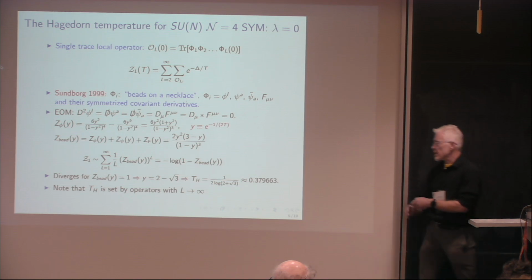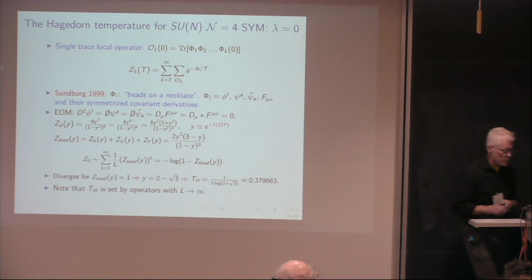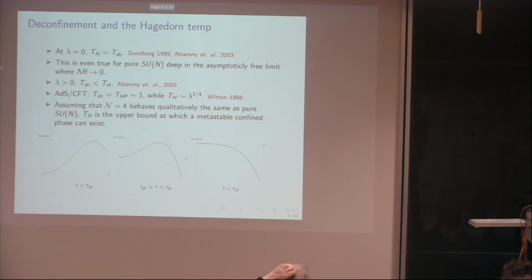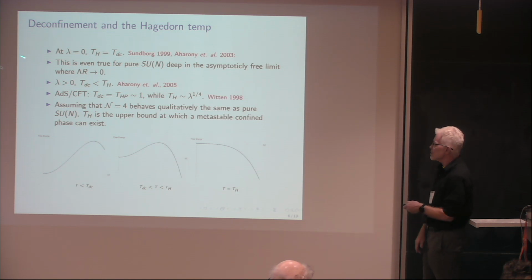So notice that this Hagedorn temperature is set by operators with large dimensions. So as I was saying before to Zora's question, at lambda equals 0, the Hagedorn temperature is the deconfinement temperature. This was shown by Sundborg and also by Aharony et al.